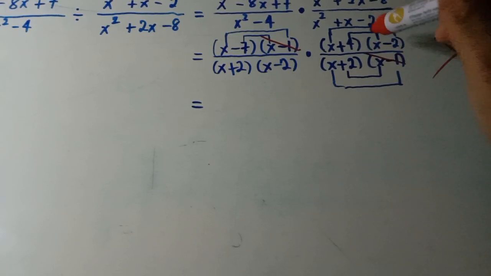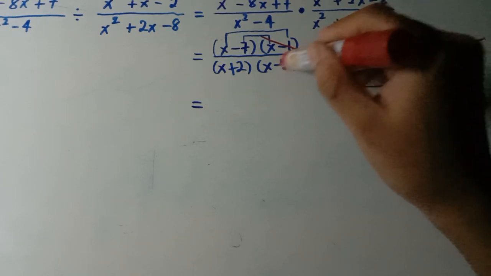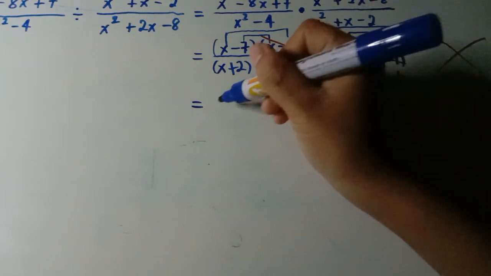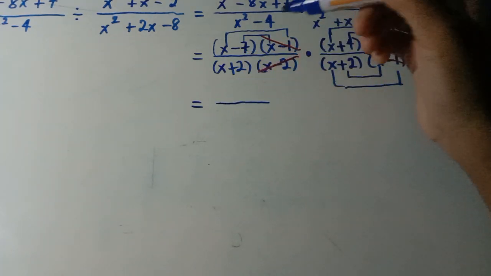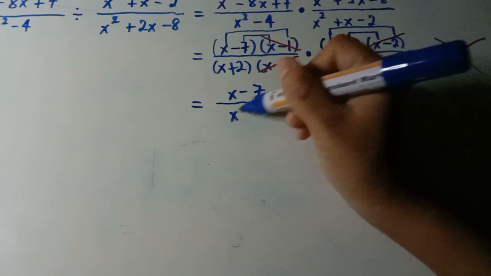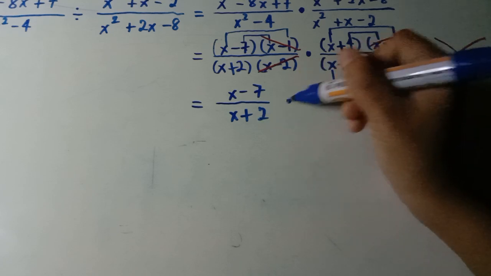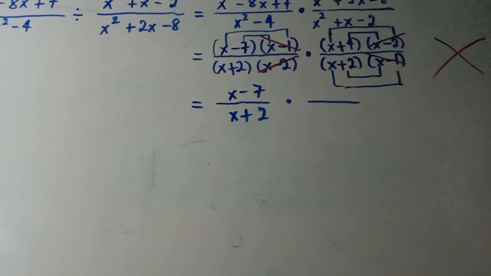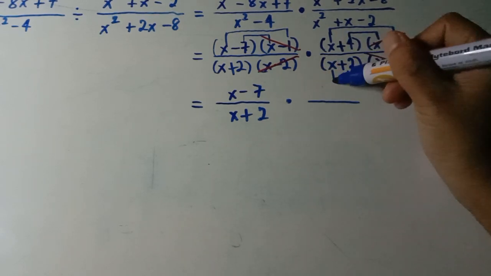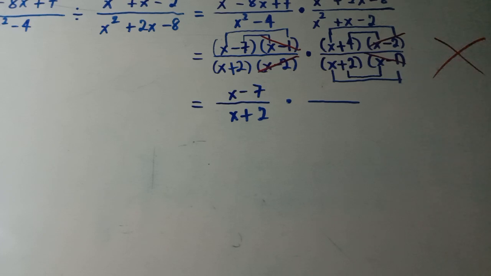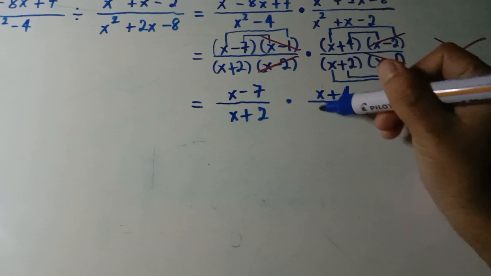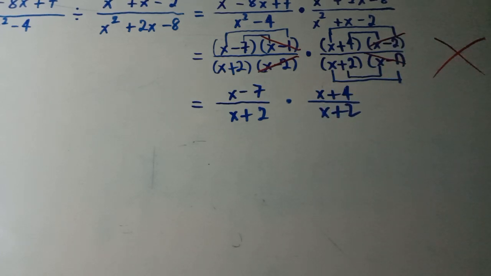Dahil sa pikas, x minus 2 o x minus 2. So therefore, ang mabili na lang sa first expression kay x minus 7 over x plus 2. Dahil sa second expression, ang mabili na lang kay x plus 4 over x plus 2.